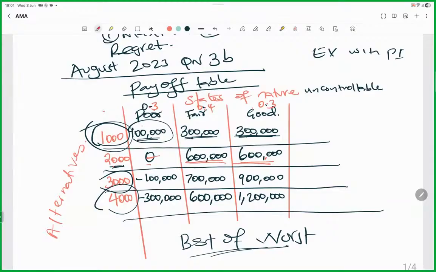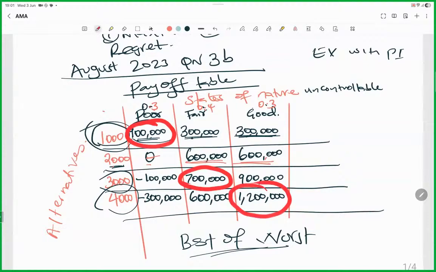If it is poor, I go for 100,000. What if he tells me it is fair? 700,000 is the highest. What if he tells me it is good? We go for 1.2 million.